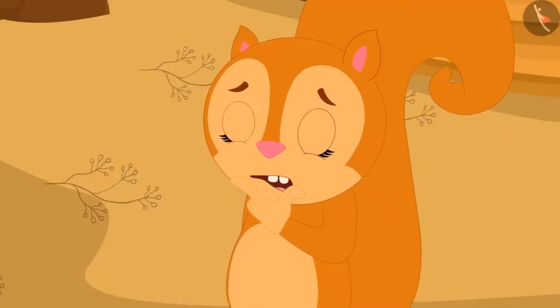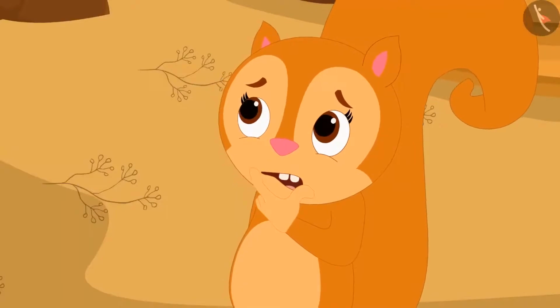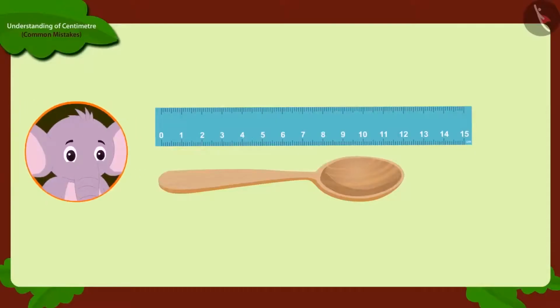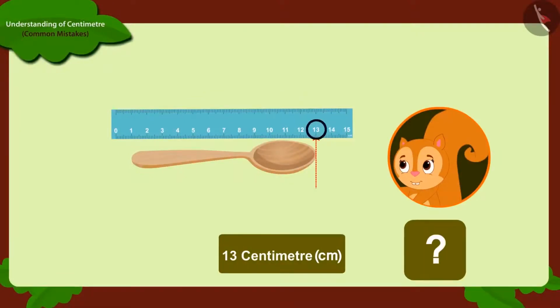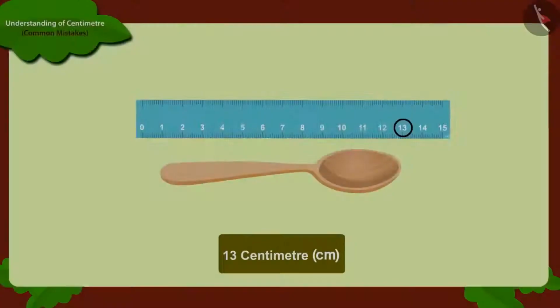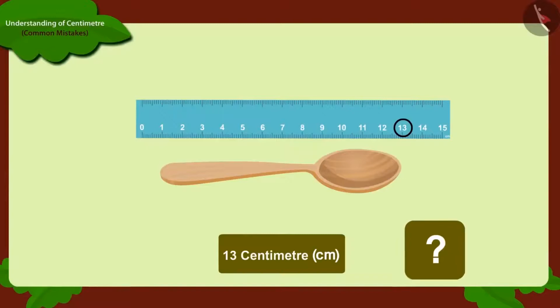Chanda started wondering how it happened. When Appu measured the length of that spoon, it was 12 centimeters. Then how did it become 13 centimeters today? Kids, can you tell what mistakes Chanda has made here?